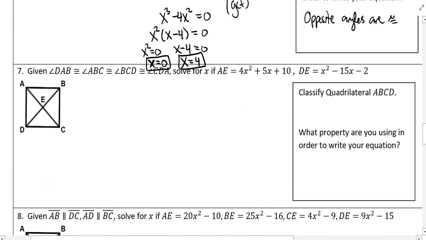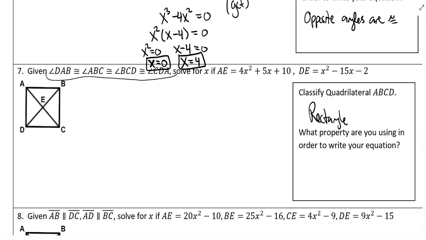Number 7, we have all 4 big angles congruent. That's a rectangle by definition. And looking at AE and DE, we know those two are congruent to each other using two properties.